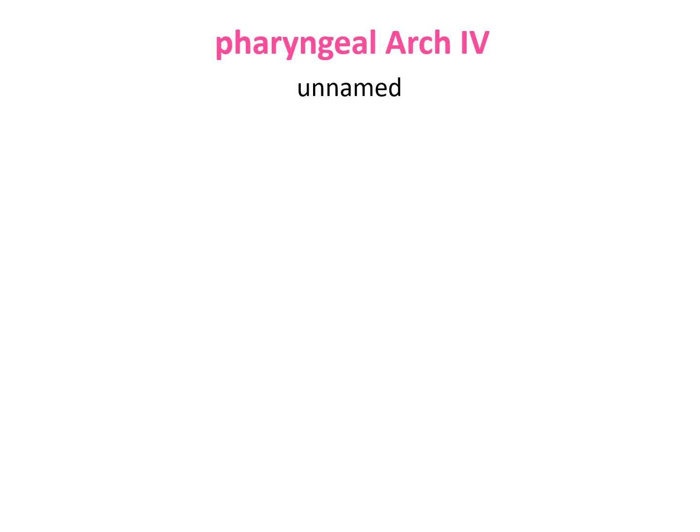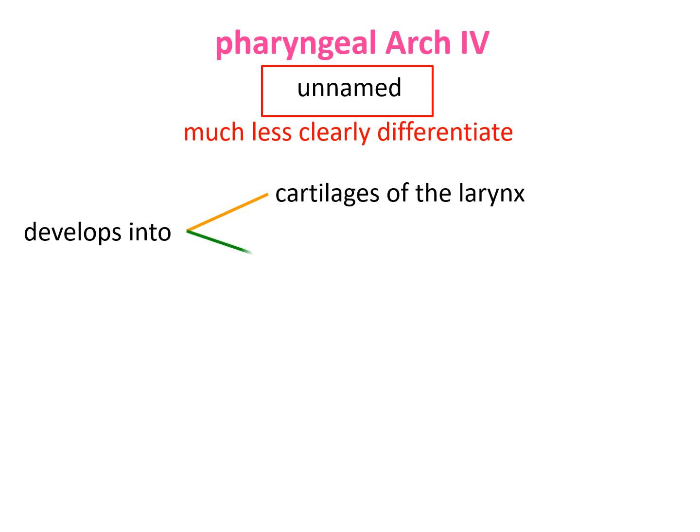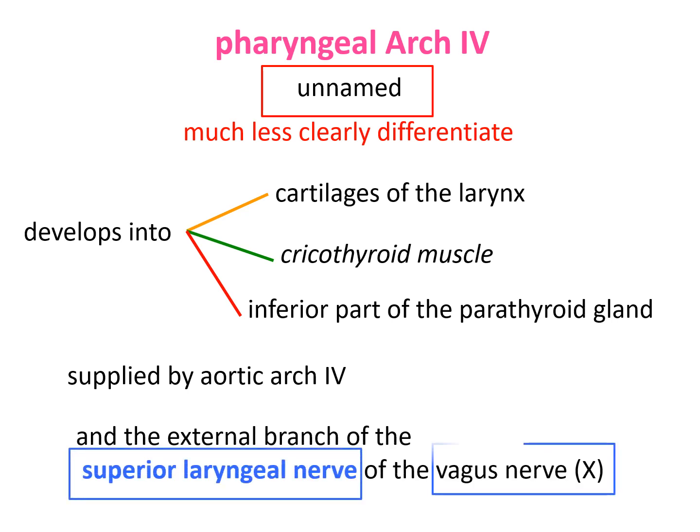It is unnamed because it is much less clearly differentiated, and it develops into cartilages of the larynx, the cricothyroid muscle, and the inferior part of the parathyroid gland. It is supplied by aortic arch number 4 and the external branch of the superior laryngeal nerve of the vagus, which is the nerve supplying structures developing from this arch.